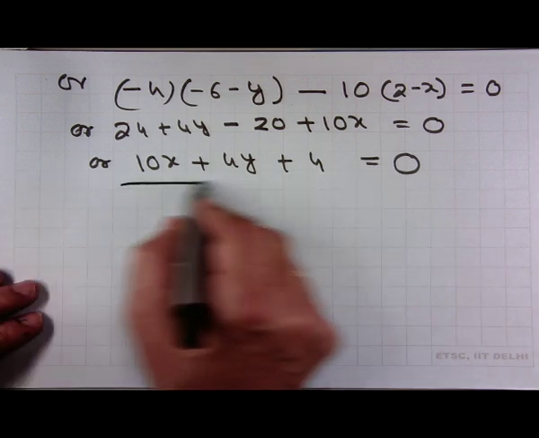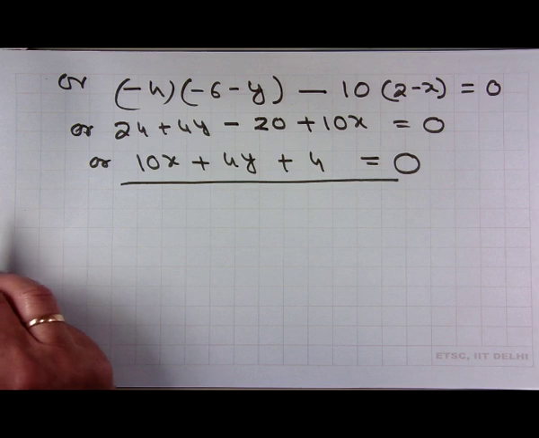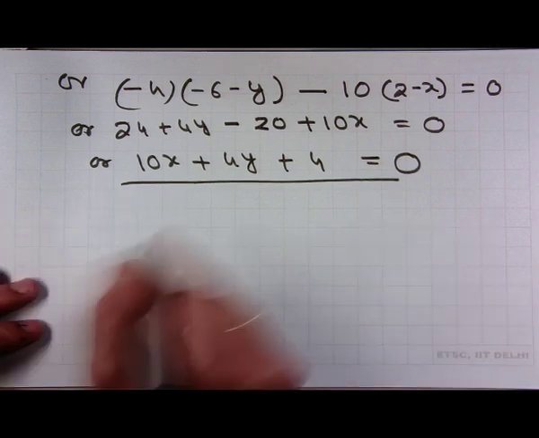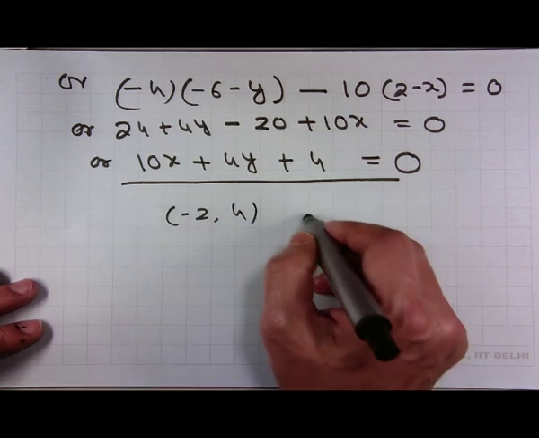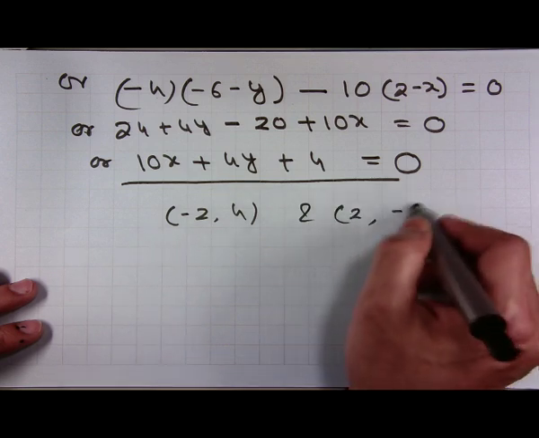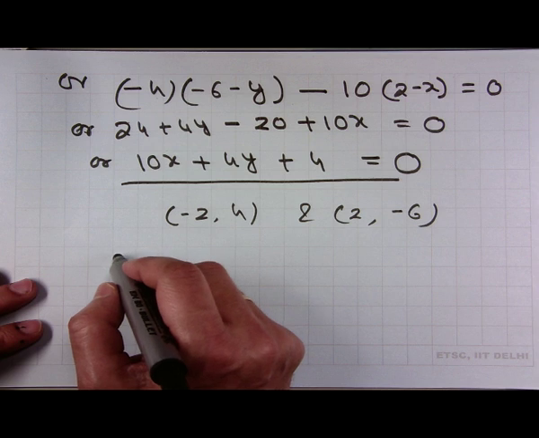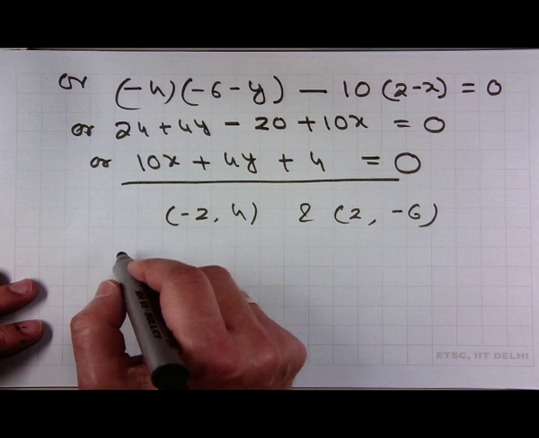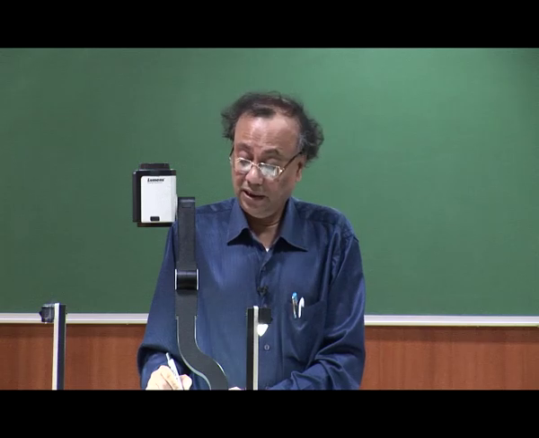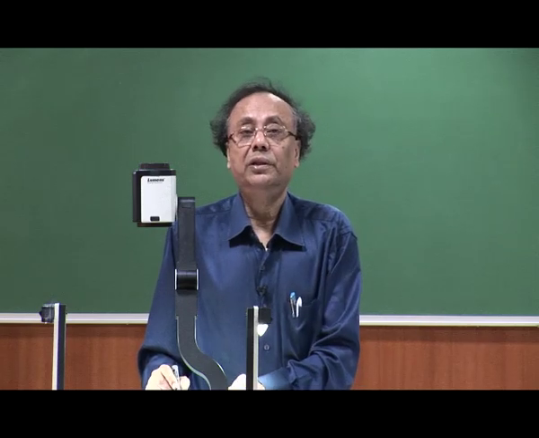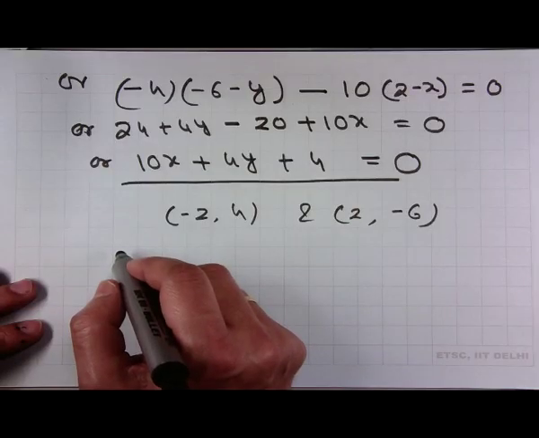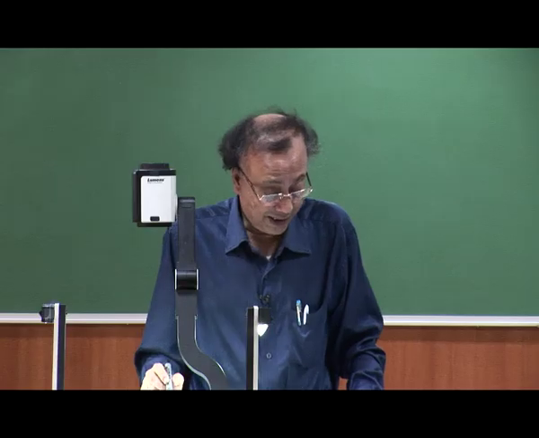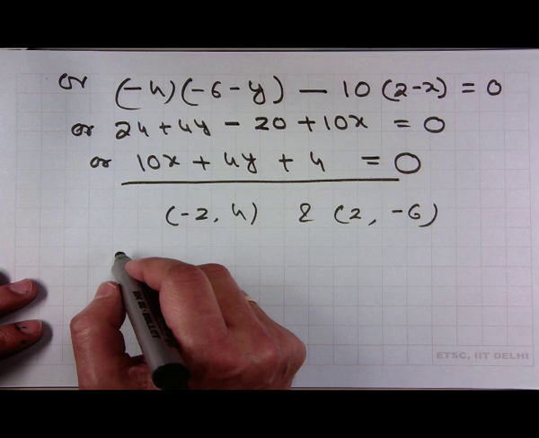Therefore, this is the equation of the line passing through the two given points, and this is the same result that we got using coordinate geometry. So, this way also we can compute the equation of a line passing through two given points.